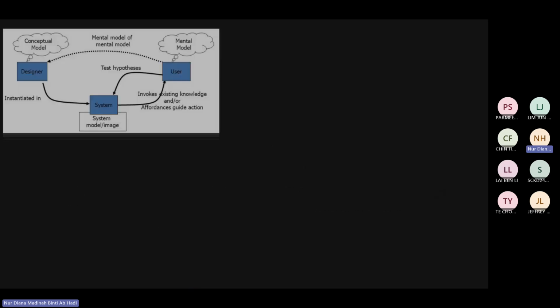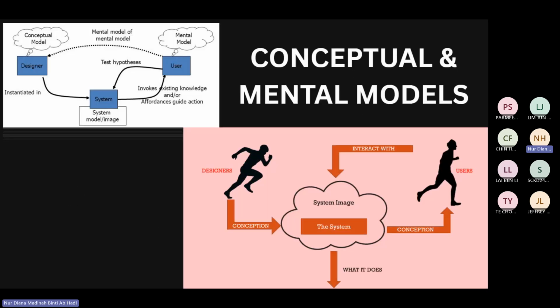So next, we go for conceptual and mental models. These are the models that you should know. As a designer, you should have a conception about your system. Why do designers need to have a conception about the system?